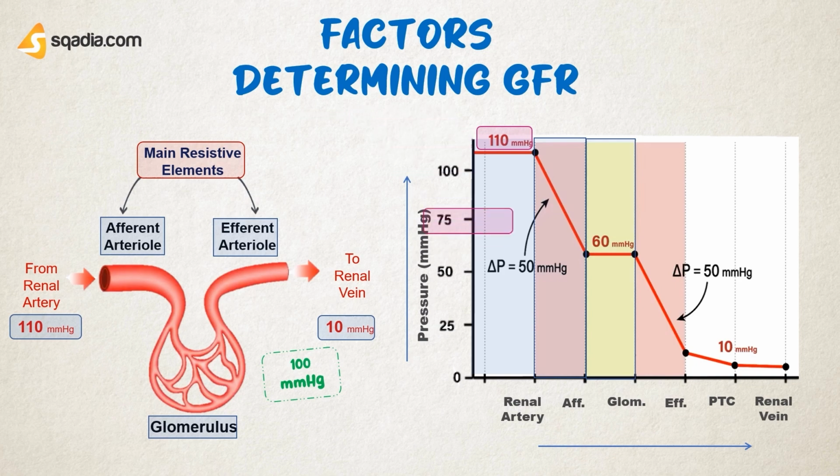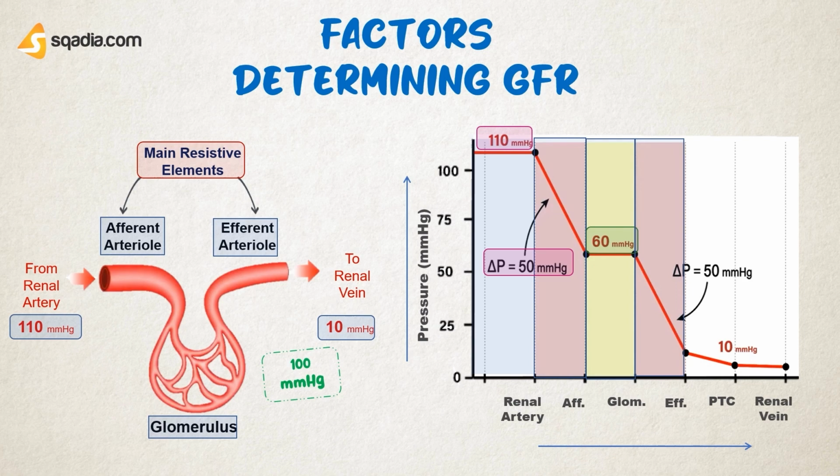That is why little to no pressure drop occurs as the blood moves through the glomerulus. So we could expect the first pressure drop to be around 50 millimeter of mercury. After the pressure drop on the afferent arterioles, we could expect the glomerular hydrostatic pressure to be 60 millimeter of mercury. The blood that remains unfiltered then moves to the efferent arteriole, which is the second main resistive element.